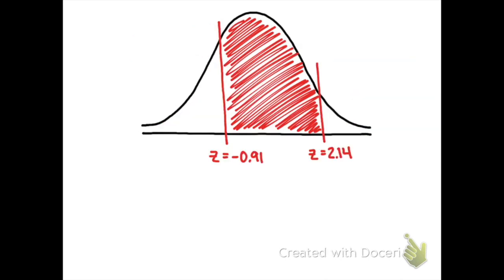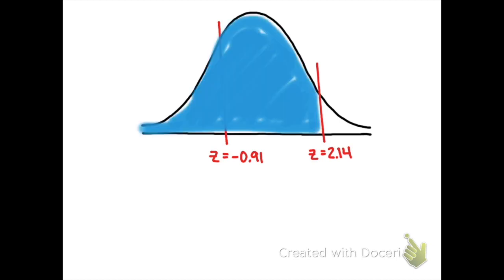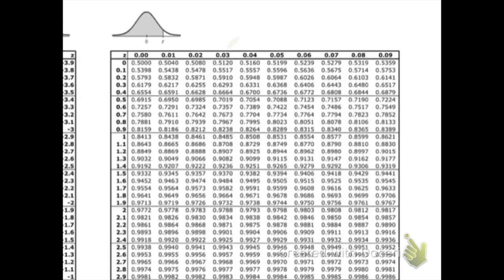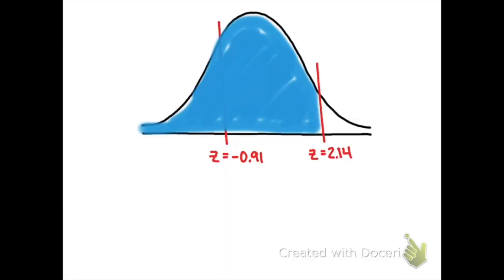Now let's suppose you wanted to find the area between two given z-scores. To find this area, we'll start by finding the area to the left of the rightmost z-score. So let's find the area to the left of z equals 2.14. On our table, we go down to 2.1 and then over to find our area of 0.9838.